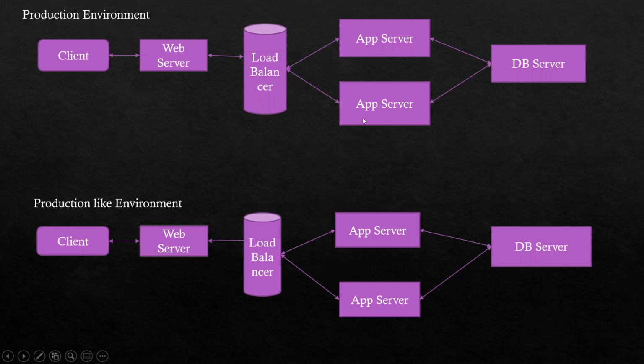So in a functional testing environment, the infrastructure setup might not be the same as production. But in a performance testing environment, the environment should be exactly a replica of the production environment.